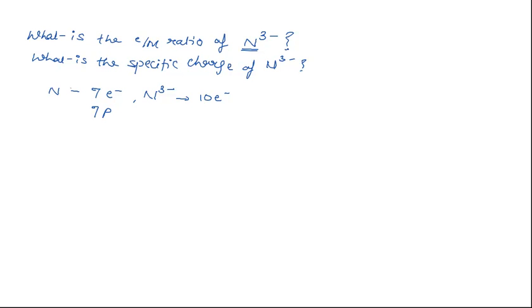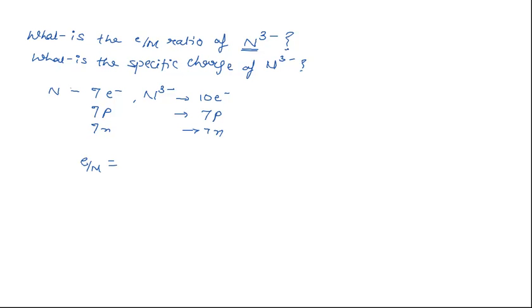Whereas there are 7 protons here and 7 protons here. If I talk of neutrons, there are 7 neutrons and 7 neutrons, right? Now let's calculate the E by M ratio or the specific charge of N3 minus.